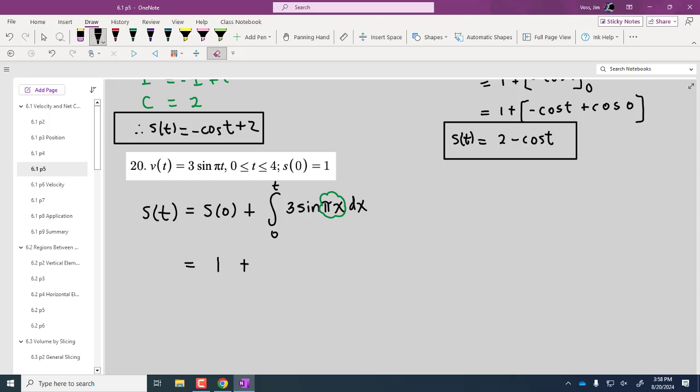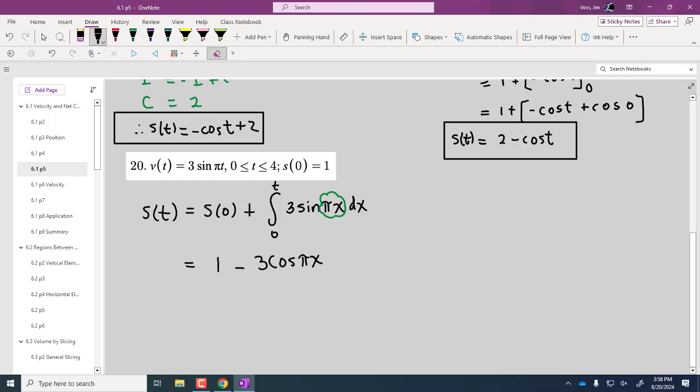First, the function part of it. Sine is the function. Antiderivative for sine, negative cosine. So we're going to have negative, and the 3 comes along for the ride. It's just a multiplier. So negative 3, we have cosine of the exact same angle.